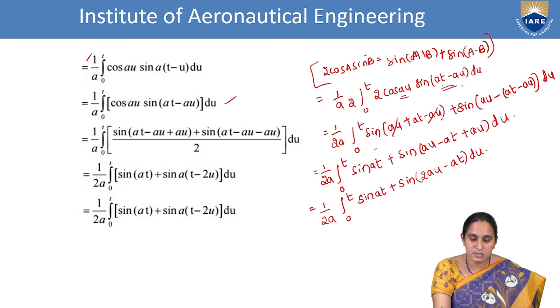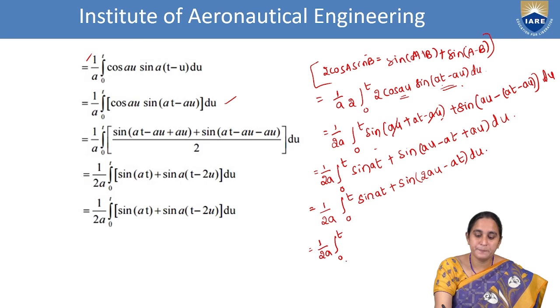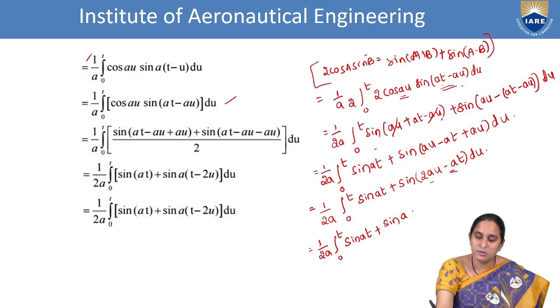Next step, 1 by 2a into integral of 0 to t sin at plus, here what is the common term? A is common. From that sin of a into t minus 2u into du.